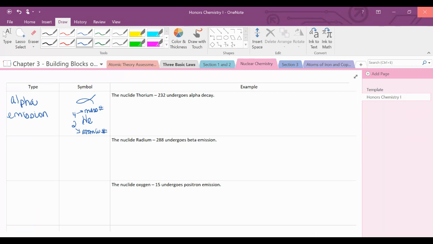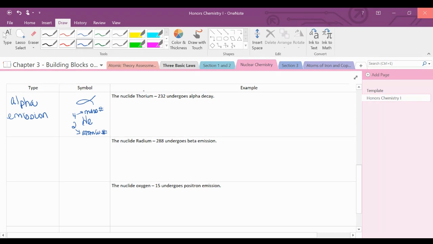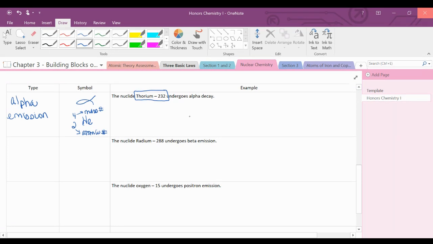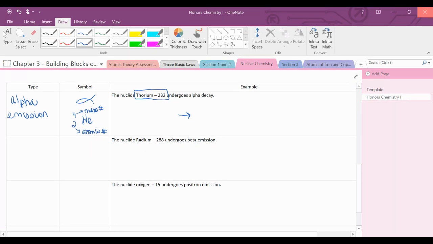Okay, so let's look at my example here. I say that the nuclide thorium undergoes alpha decay. So thorium is going to be on my reactant side of the equation. And so we're going to need to find thorium on the periodic table. Its symbol is Th.